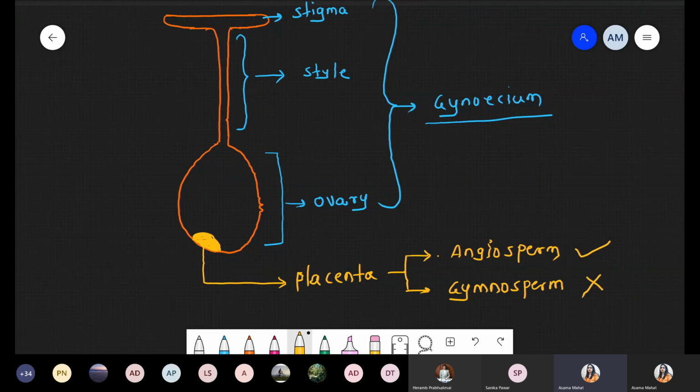See, the lower part is called the ovary. Inside the ovary at the base, there is a presence of placenta. On the placenta there is development of ovule, because the placenta is an important part, a type of nutritive tissue responsible for the development of ovule. So now we just draw here on this typical structure: on the placenta, there is a development of ovule.